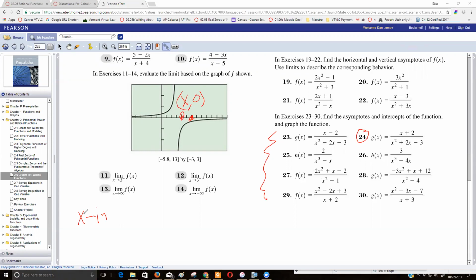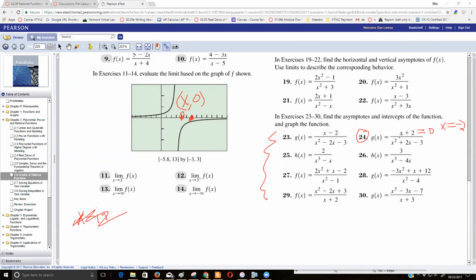So what I'm going to do is take a look at this function here. I'm going to set the numerator equal to 0, because to find the x-intercepts, I really don't care about the denominator. With that said, there's an exception here, but we won't go there. So if I think about where does x plus 2 equal 0, I know that this graph will cross the x-axis at x equals -2.